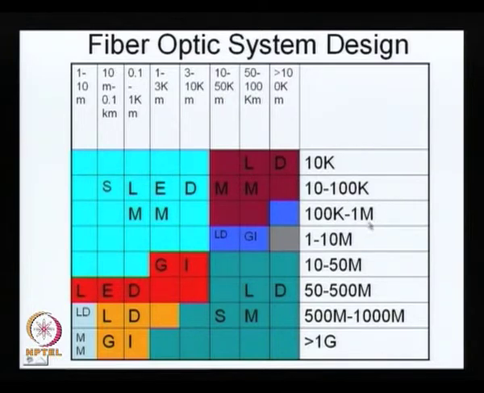And these are the different data rates which you have. Start with the very low data rates like 10K, more like audio signal, and can go as high as few gigahertz or few gigabits per second. So these are the different combinations of the source and detectors which we get.